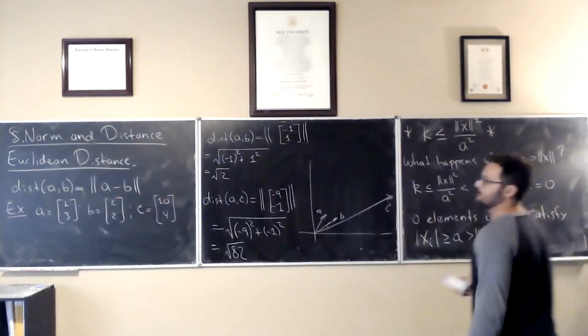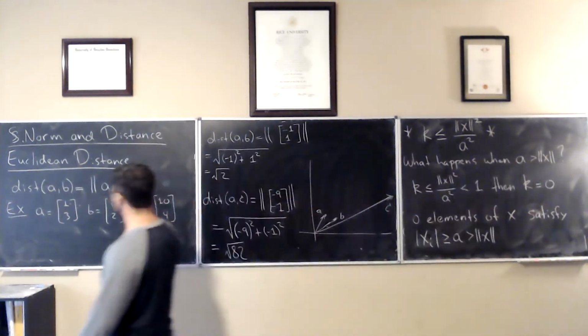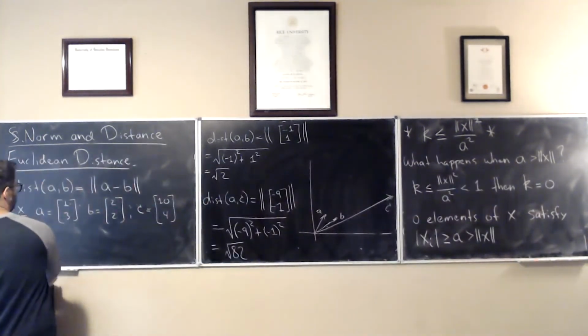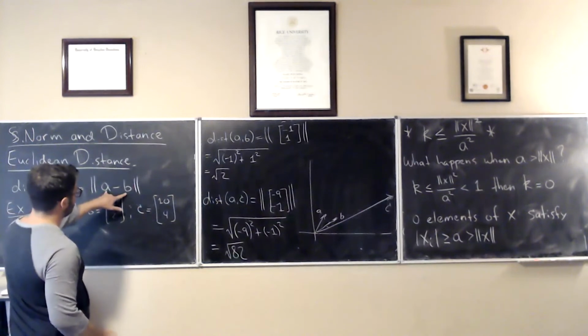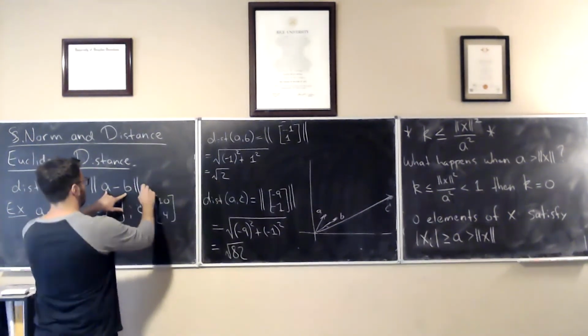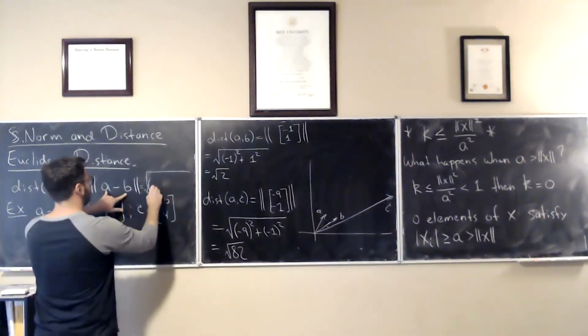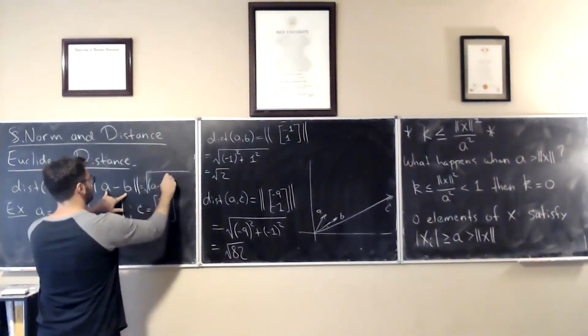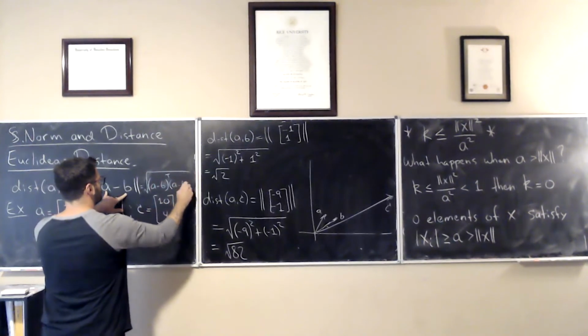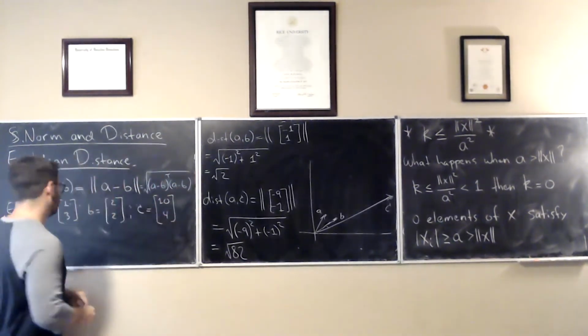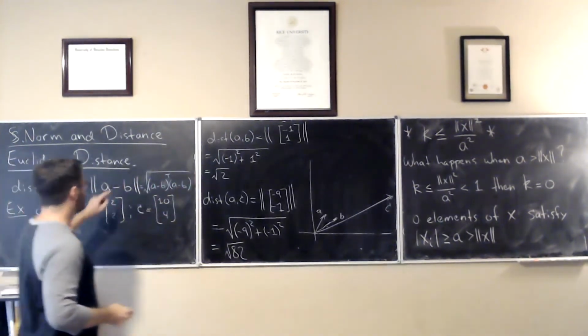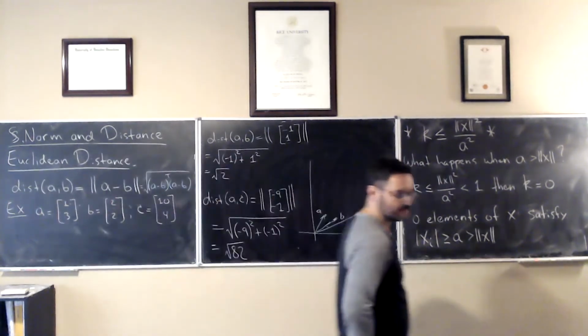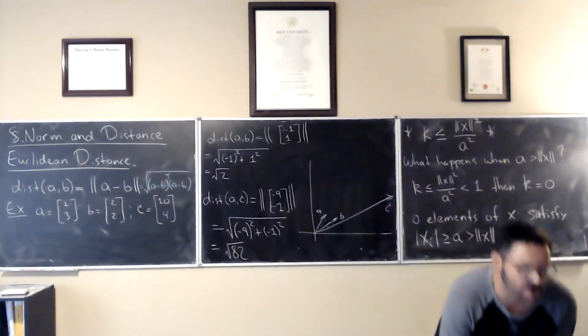So now this here is really useful, which by the way, this is the square root of (A minus B) transpose times (A minus B), right? Always remember that you can write the two norm in terms of inner products.